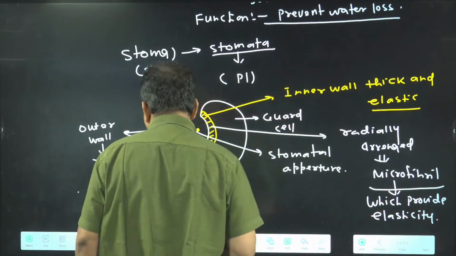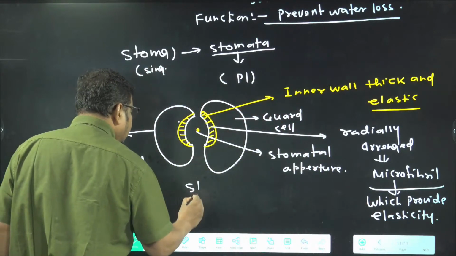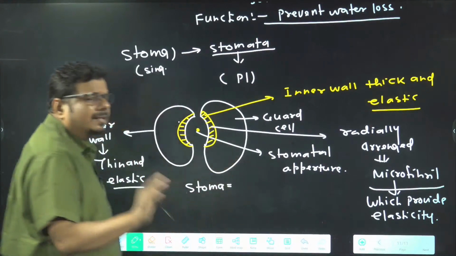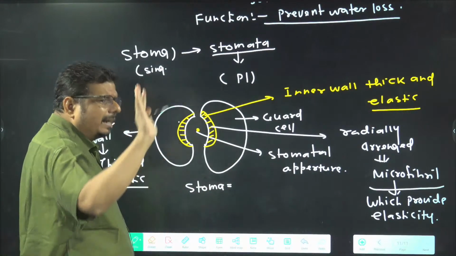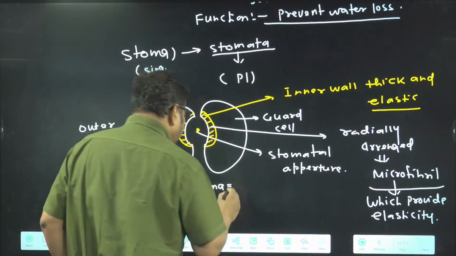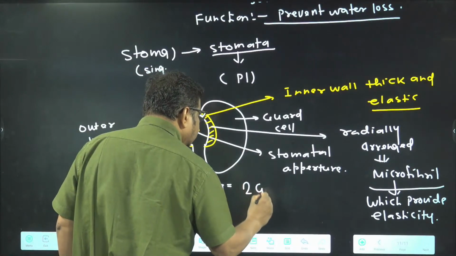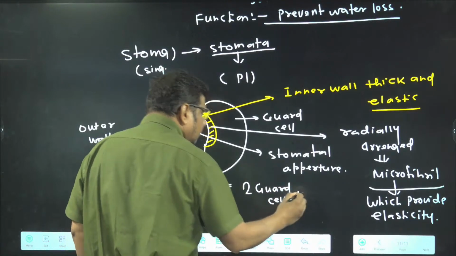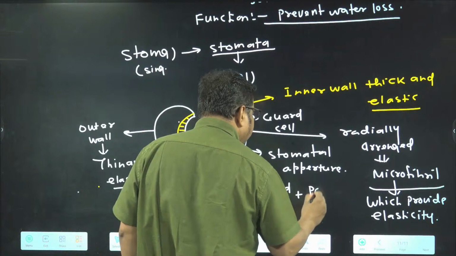So if you talk about a stoma, many times people even ask about stomata, no problem. I understand it, if they want to ask about one. So in a stoma, who is there? Two guard cells plus aperture, plus pore.